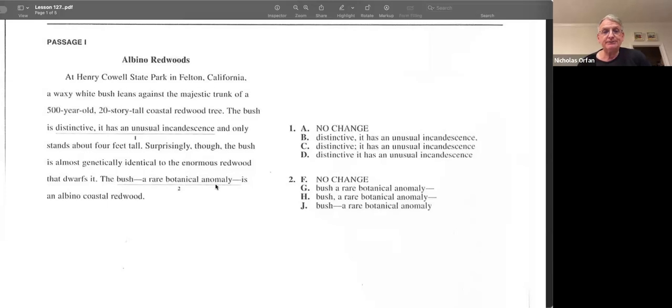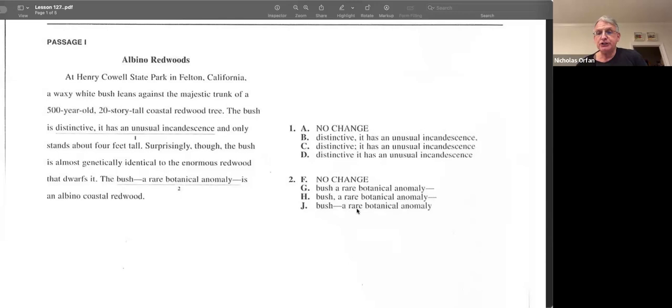So we want to look at what the other choices are, okay? The bush, a rare botanical anomaly. So this doesn't separate the phrase from bush, and there needs to be a separation here. The bush, comma, a rare botanical anomaly, dash, this is not symmetric. Here you have a comma and here you have a dash, so that's incorrect.